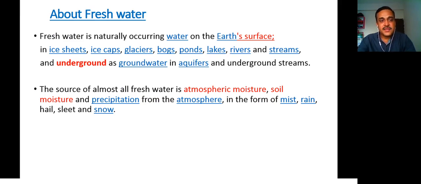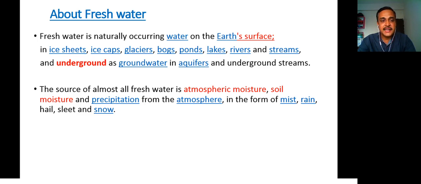Then this slide talks about freshwater. Generally, freshwater is naturally occurring water on the earth's surface in the form of ice sheets, ice caps, and glaciers.